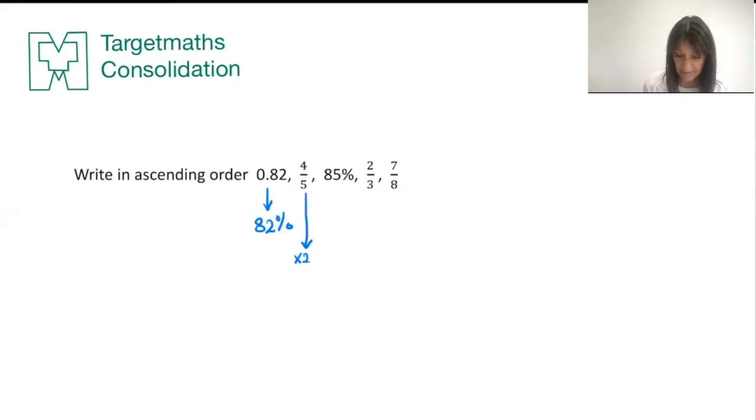So if I times top and bottom by 20, I would get 80 over 100, which is obviously my 80%. I already know that one. 2/3 is really one we should know. 2/3 is a recurring decimal of 0.666666666. So that's giving me 67%.